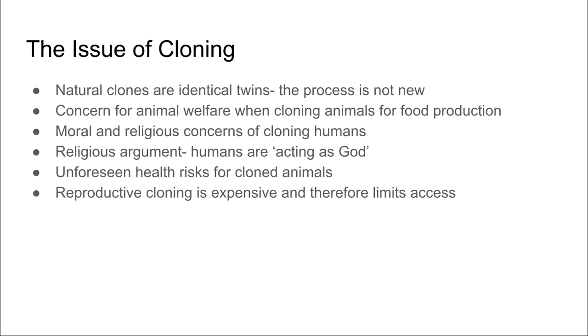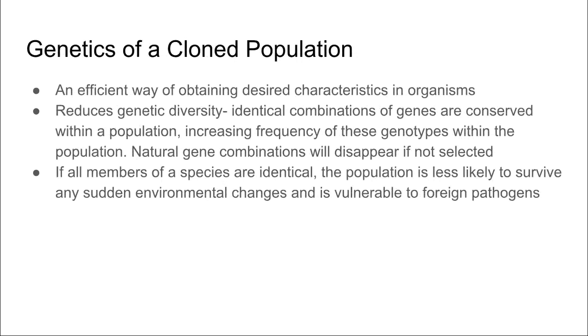When scientists are undertaking cloning, there's a religious argument that humans are in fact acting as God. We do not currently know the health risks for cloned animals, so we haven't progressed that far yet, and we don't know exactly what would happen to these organisms if we clone them. And it is an expensive process, so it does limit access to a certain part of the population.